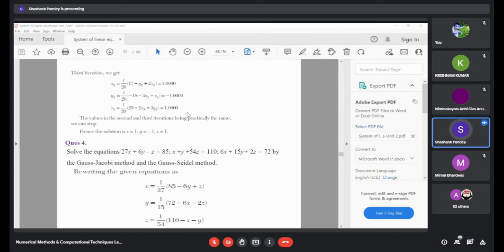Who can give the exact values of x, y, and z for equation number 4? Now we will cross check our answer using this Gauss-Seidel method. What is the exact answer for this?